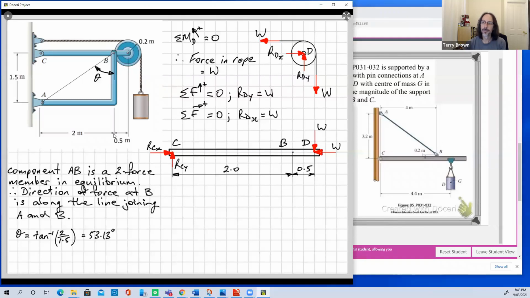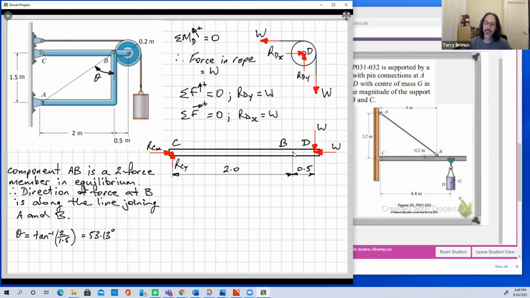Point C, yep. So if we take moments about point C, the only force acting on the body that's causing a moment about point C will be this weight here, W. Held at point C, out here, we've got the weight pushing down, so tending to rotate this thing clockwise.